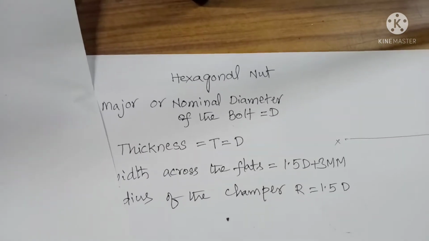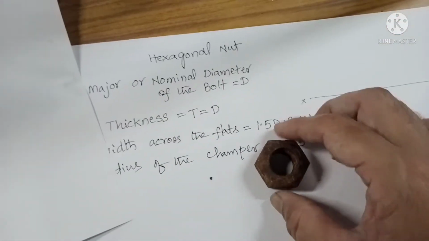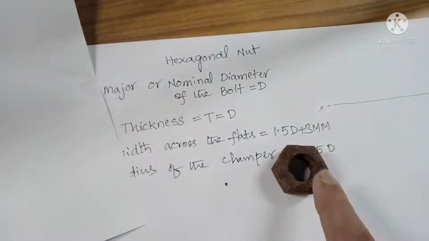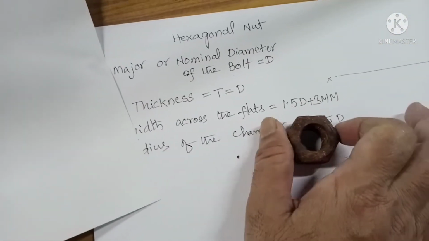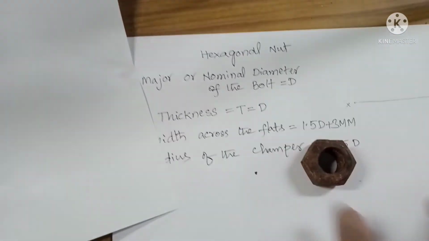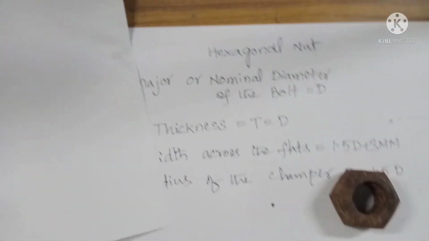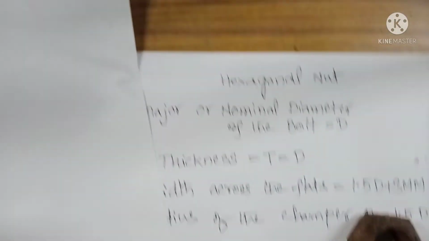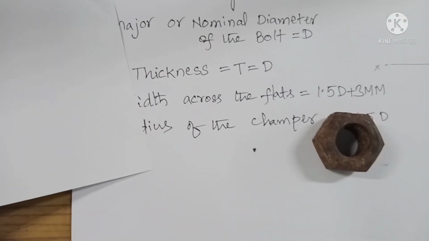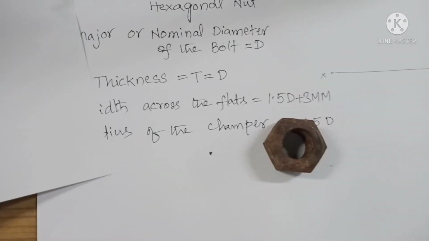Then width across the flats. These are all called flats, and when we take the distance across the corners, it becomes the corners, right? Then the radius of the chamfer. It is a hexagonal nut, but you can see a circle is visible here. That is how you have to draw it, I will show you.